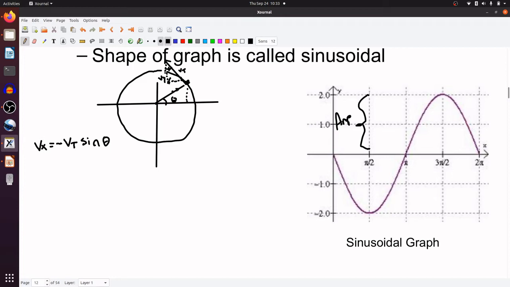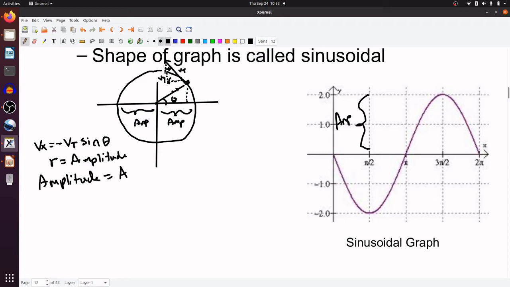Now, the radius happens to be your amplitude, because the ball is going to go back and forth along this axis where this is equilibrium and this is equilibrium. So amplitude, amplitude. We call amplitude A. So A for amplitude.